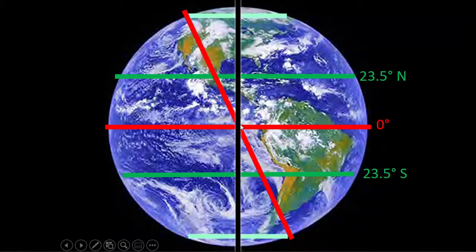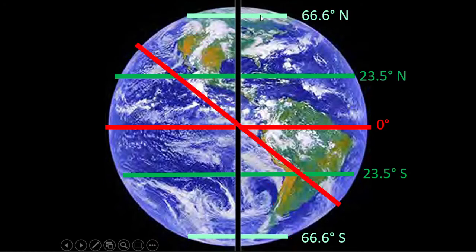Let's do it again, now for 66.6 degrees. I said take that 0 degree line and rotate it 66.6. Now all points along this line are 66.6 degrees south, also known as the Antarctic Circle. And up here, 66.6 degrees north, the Arctic Circle. Finally, I rotated that line 40 degrees, and that helps us identify Indianapolis's location here at 40 degrees north.